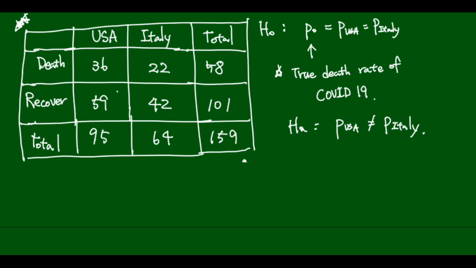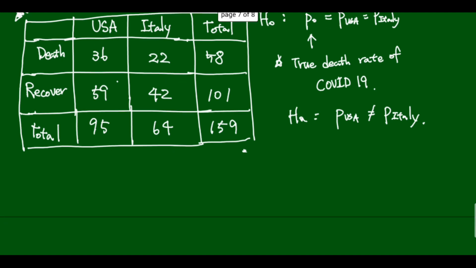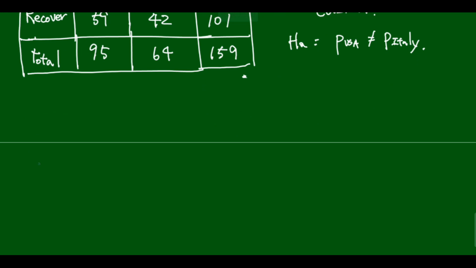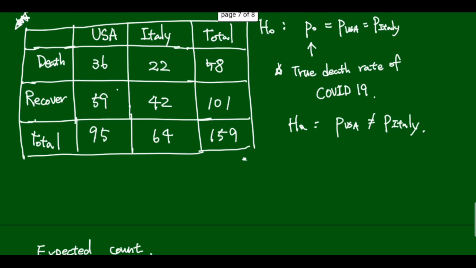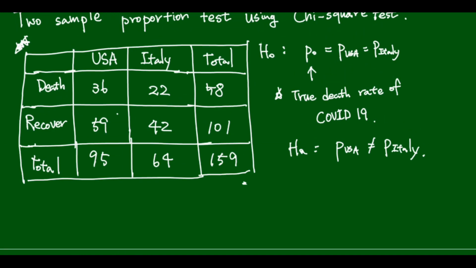Okay, so we are assuming you already drew this two-way contingency table, and the next step for the chi-square test is to calculate the expected number, the expected count. So what is expected count? Let's talk a little bit about the two-way contingency table we have here.